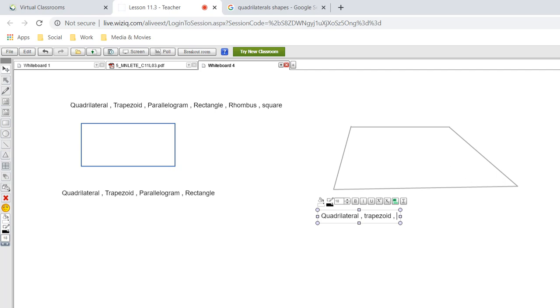No, because if we want to write more, we are going to write parallelogram. But this is not a parallelogram. In a parallelogram, each two opposite sides are parallel. But here only two opposite sides are parallel. So we can't write it as parallelogram. Okay, guys?